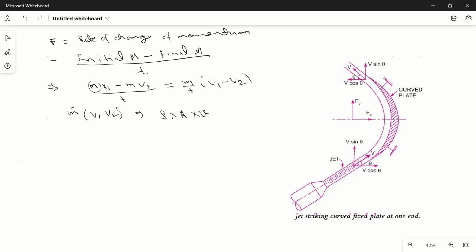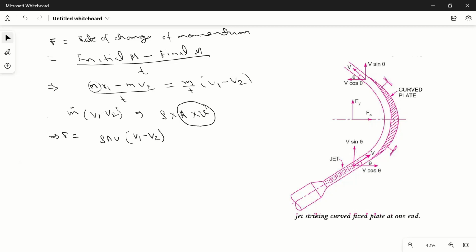Area into velocity is the volume flow rate per unit time, and if we multiply it by density, then it is the mass flow rate per unit time. So we can write F is rho A V in brackets (V1 minus V2). So this is the formula for the force.